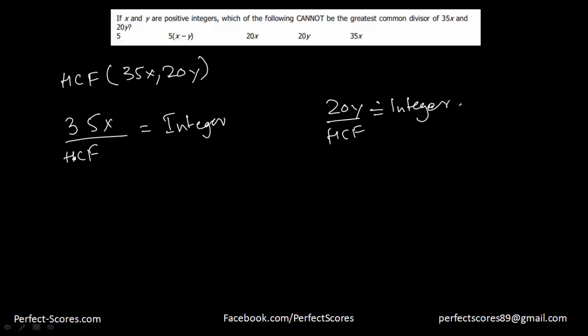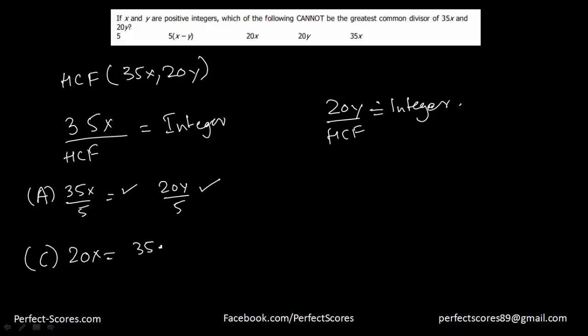Now if you look at answer option A, 35x over 5 will give you an integer, and 20y over 5 will give you an integer. In a similar way, if you look at answer option C, that is 20x, 35x over 20x will give you 35 over 20.